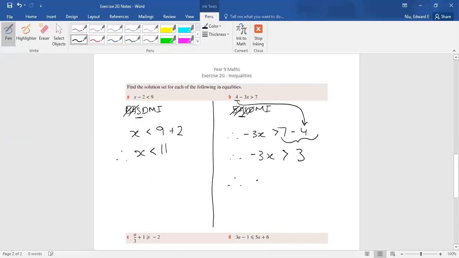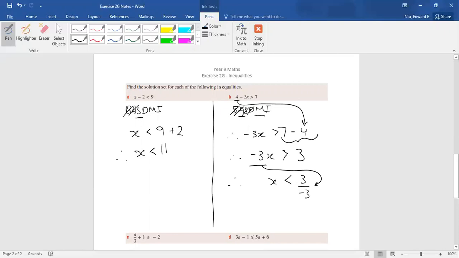And so we have to ask ourselves, how do we get rid of this -3? So we've got the multiplication of -3. We chuck it to the other side and we would divide by -3. The catch-22 is whenever you're multiplying or dividing by a negative, the sign will switch.